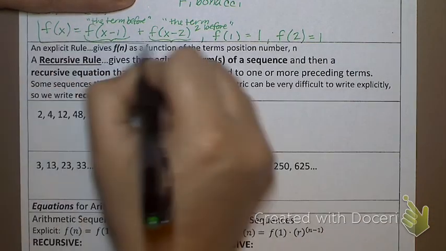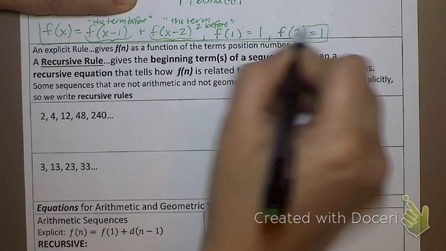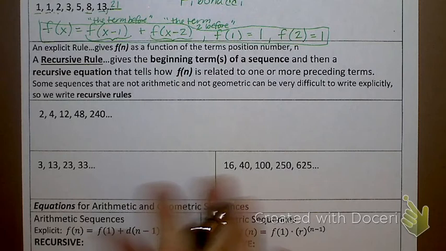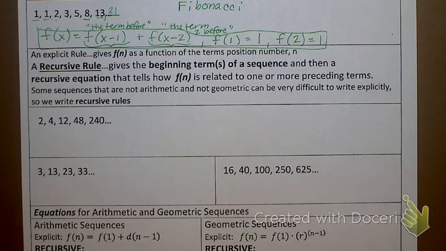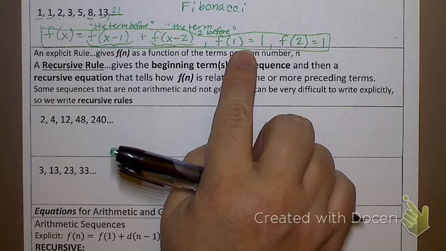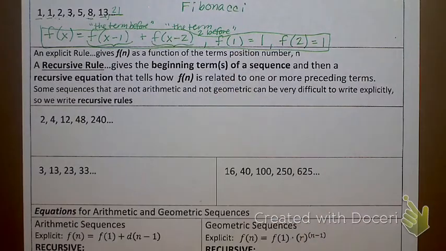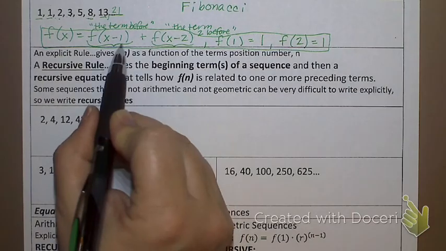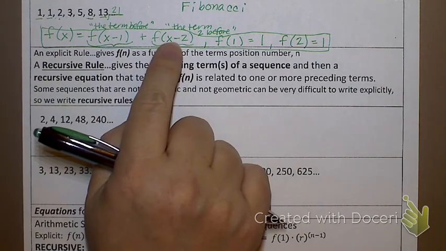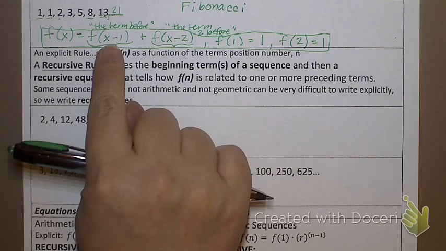So my whole formula is actually this whole thing right there. It has to include those starting points. So whenever you see a rule that includes f of 1 at the end, or f of 1 and f of 2, that's your cue that it's recursive. Okay? It also helps that all of our recursive ones will have f of x minus 1. We won't see f of x minus 2 very often in there, but it'll at least have f of x minus 1.